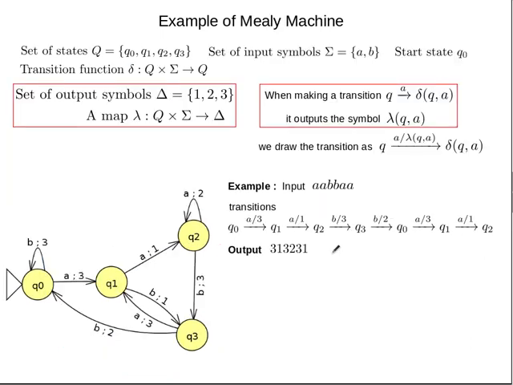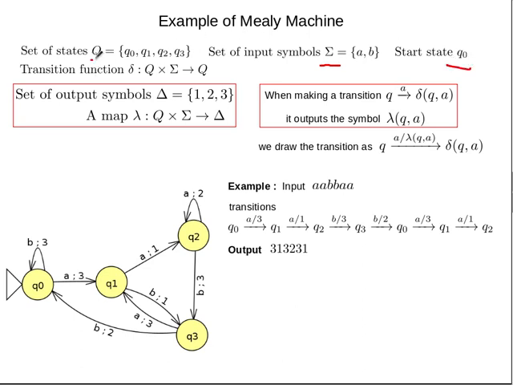Now the Mealy machine, as I said, gives you the output when it is making the transition. What does that mean? Again, we have a set of states Q, input alphabet sigma, and start state Q0.